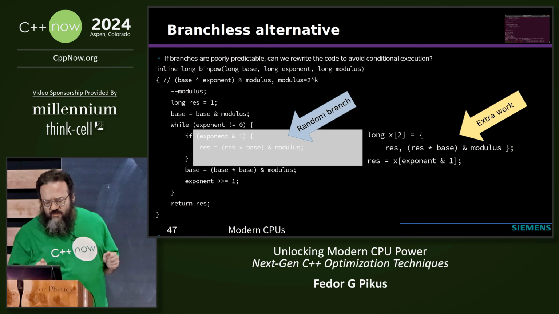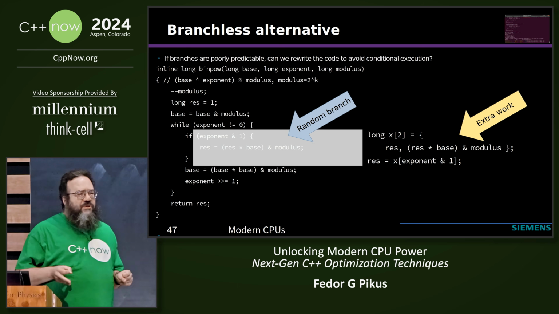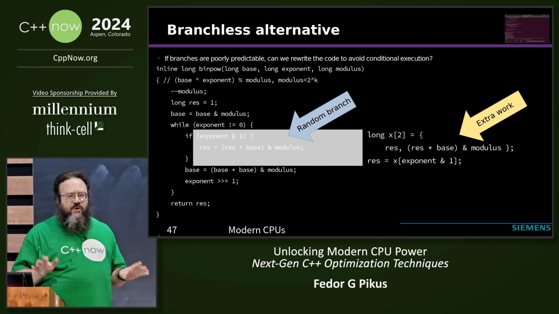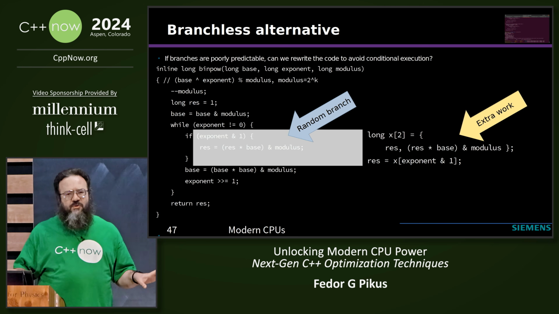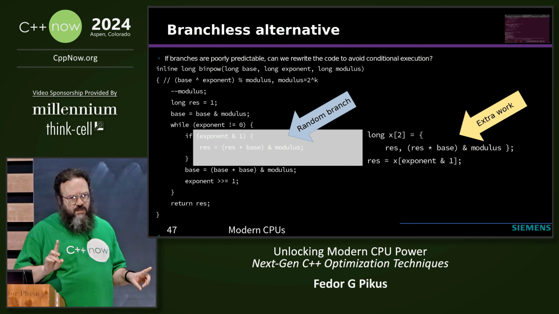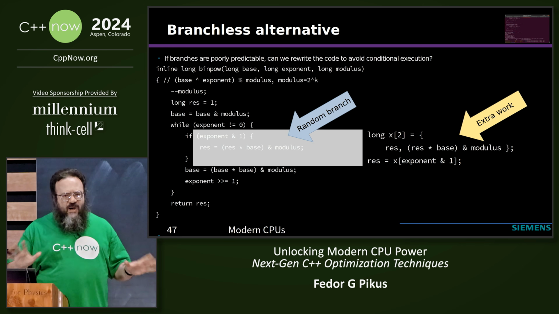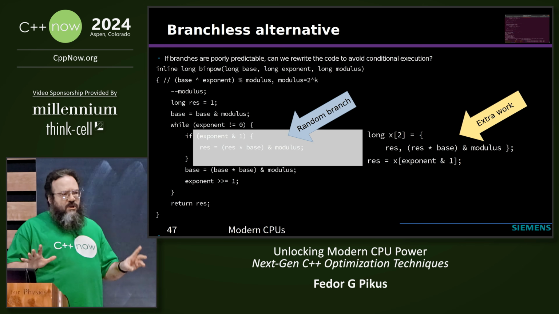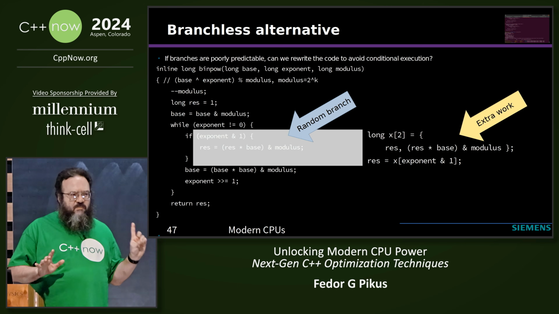Now, okay, one of my pet peeves about the standard: they retired the keyword register. The keyword register was always optional, and the point of retiring it was that the compilers know better how to do register optimizations, which is absolutely true. But there was another point to it. You couldn't take an address of a register variable. It wouldn't compile. And knowing that you never take the address of a register variable, the compiler could do certain optimizations.